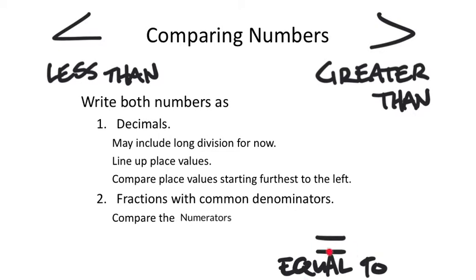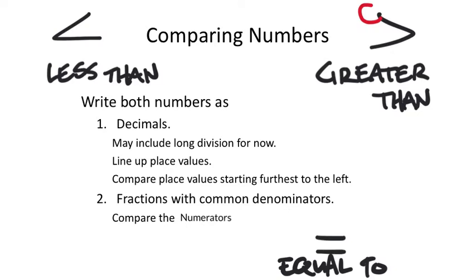We don't see equal to too much, but less than or greater than we definitely will see, all right? And in case you forget these, less than kind of looks like an L right there, and the greater than symbol, if you tack on a little hook, kind of looks like a G, so that's the greater than symbol, okay?